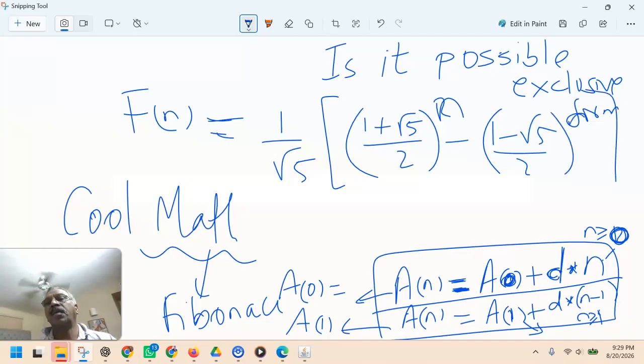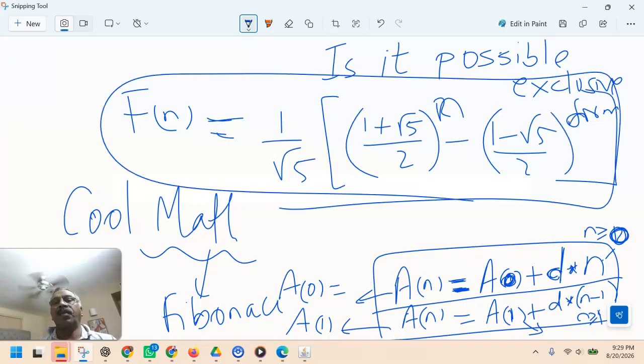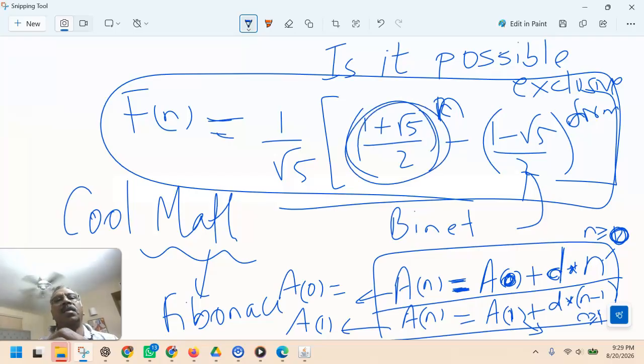This is the formula, and the question always arises: how did we get it? There was a mathematician named Binet who tried to show that, and this number that you see is actually 1.618, which is called the golden ratio.